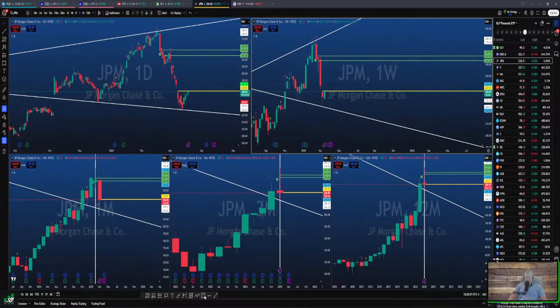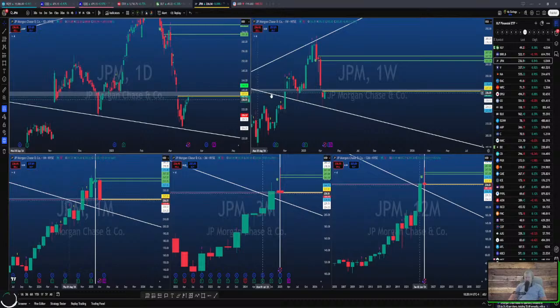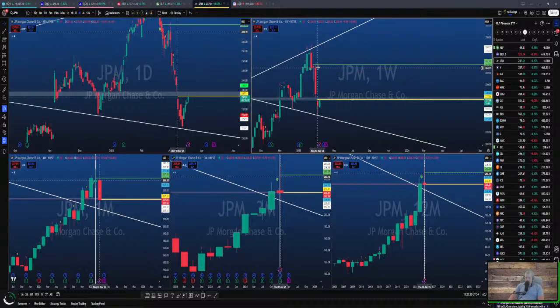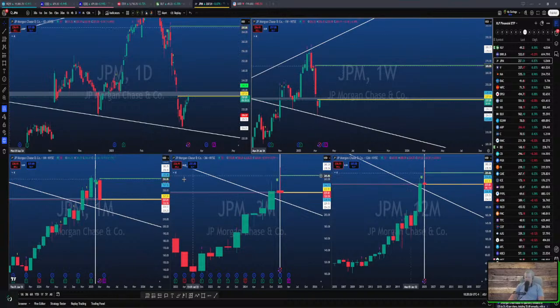From a strat perspective, we're looking for it to fill this gap first, which it is working on, and it will actually do before entry for me. And then first target, first magnitude on a weekly time frame is 266.32.